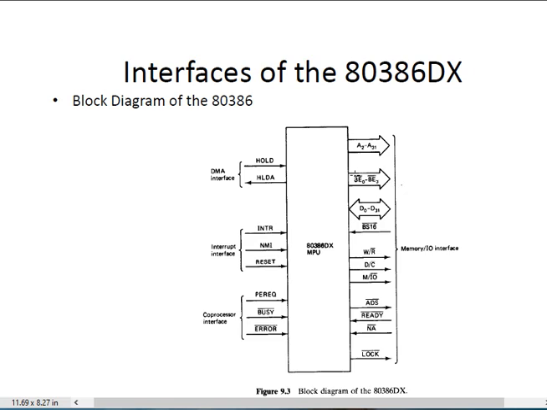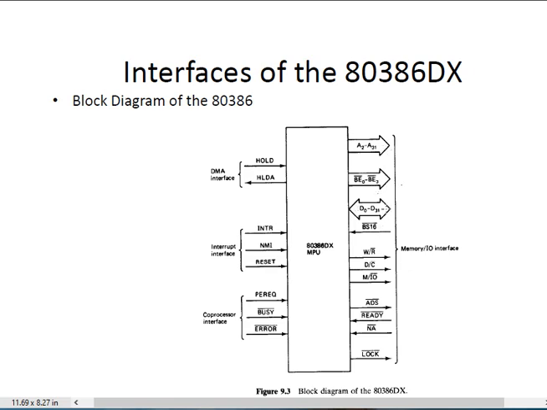They are used to decide which bytes are to be enabled during the data transfer from the 80386 to another unit, or from memory to the 80386, whatever it is. So combined, A2 to A31 is the address bus, and with B0 to B3 the actual data transfer is decided.